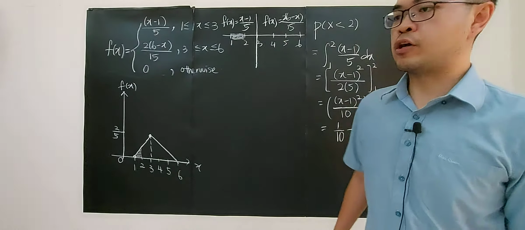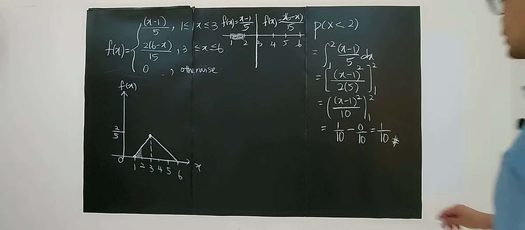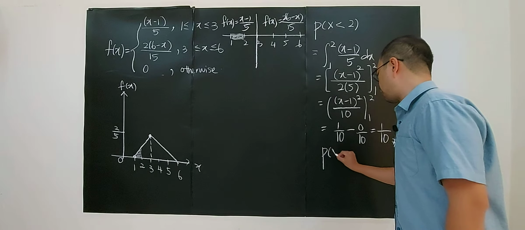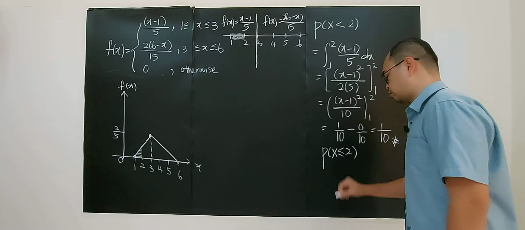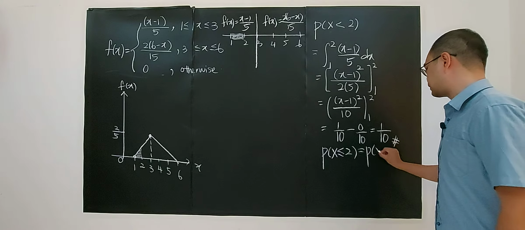Now I have to remind you of one thing: if the question asks you to find the probability of x less than or equal to 2, the answer will be the same as P(x less than 2).